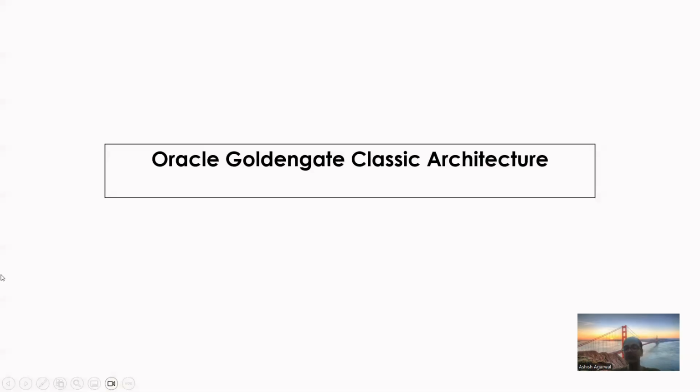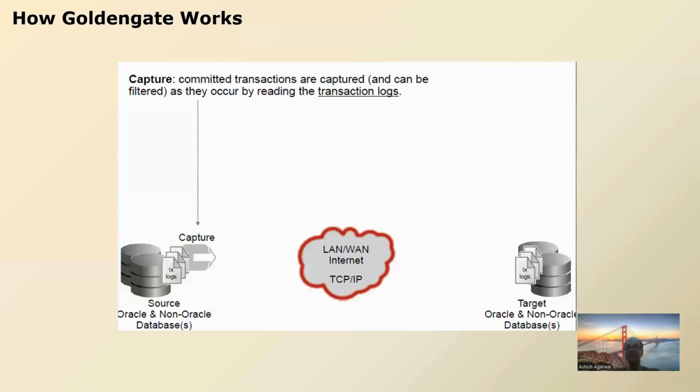So Oracle Golden Gate architecture, classic architecture, how it works. You have a source database and a target database. Each database has its own transaction logs. Golden Gate has a capture process, which is also called the extract process, which captures the committed transactions by reading the transaction logs.